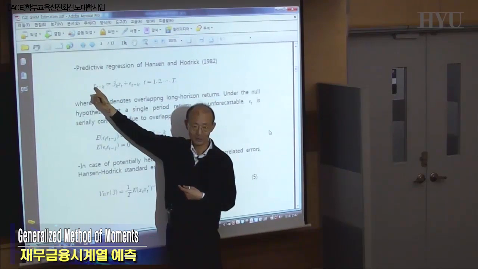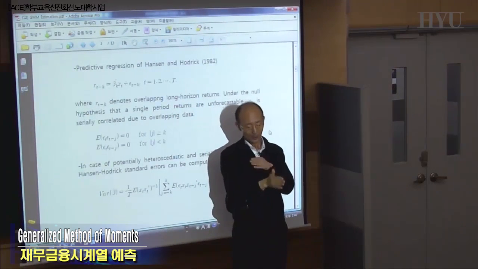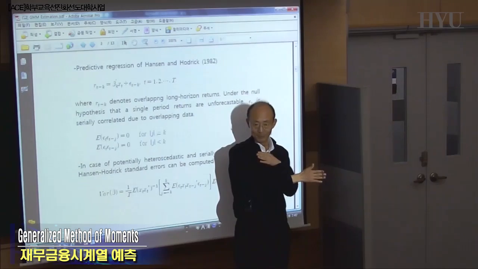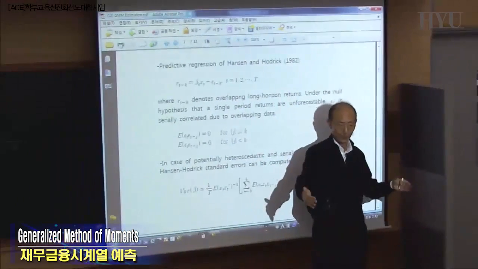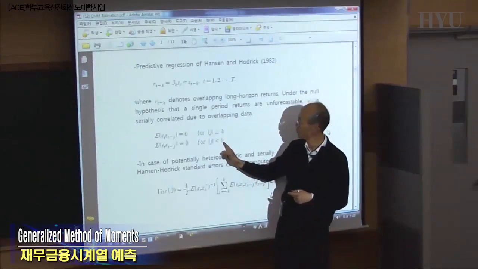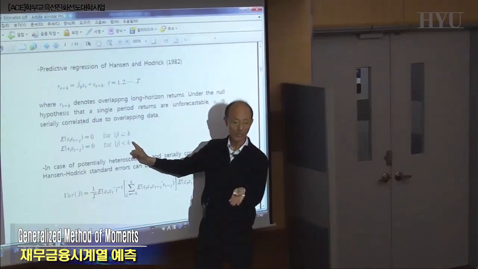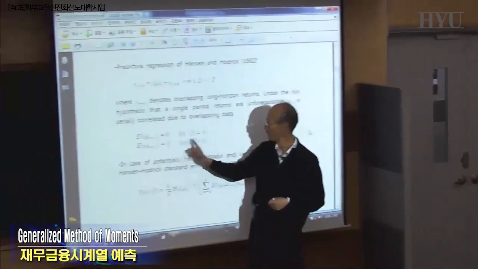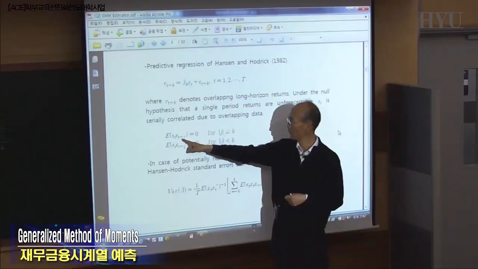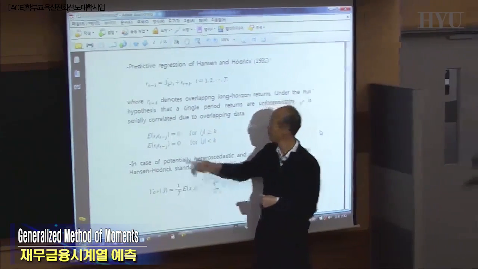Even if the single period return is random, when you construct k period overlapping return, k minus 1 moving average serial correlation is introduced. Beyond that, it's going to be 0.